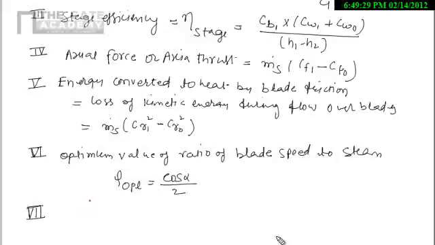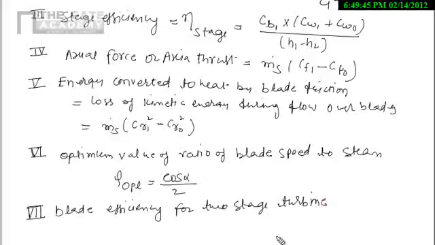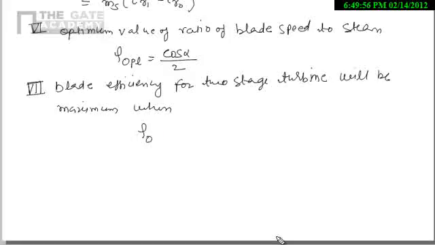The blade efficiency for a two-stage turbine will be maximum when this optimal ratio is cos alpha by 4.